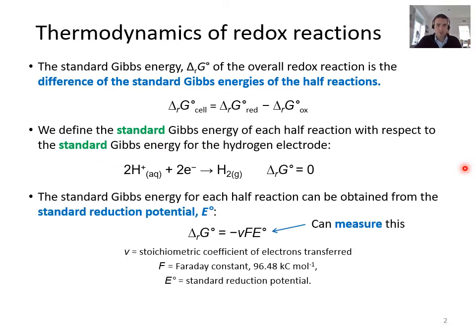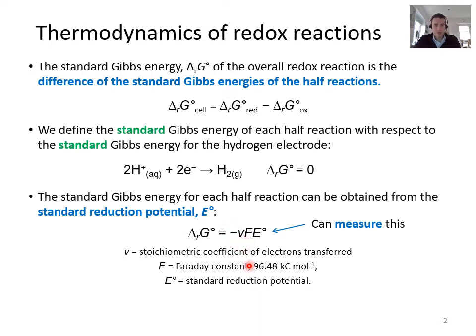Okay, key point here, which ties the standard Gibbs energy to something we can actually measure, is that the standard Gibbs energy for each half cell reaction is equal to minus the number of electrons being transferred. In one of the cases we saw so far, that was 2, wasn't it? The first case, and then for our manganese, I believe it was maybe 10, if I remember rightly.